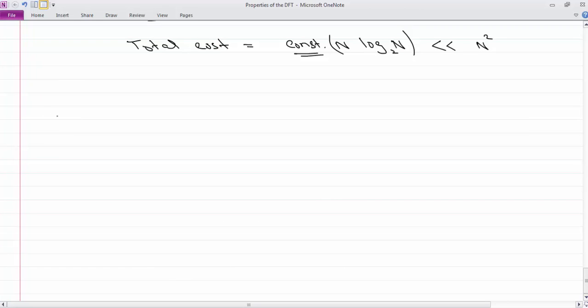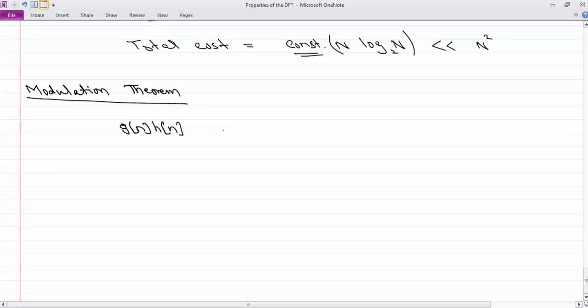Okay, so the next theorem we want to do is the modulation theorem, which again you will notice the similarity with the DTFT world. So what is the modulation theorem? You are given a signal, let's say h[n], and you modulate it with another signal g[n]. Okay. In the DTFT world, that is equal to convolution in the DTFT domain.